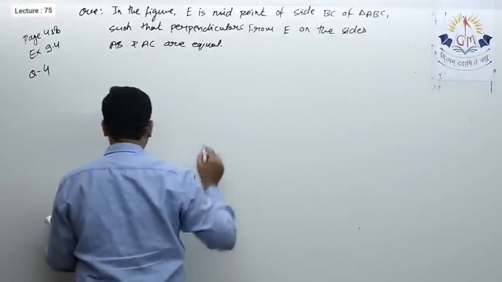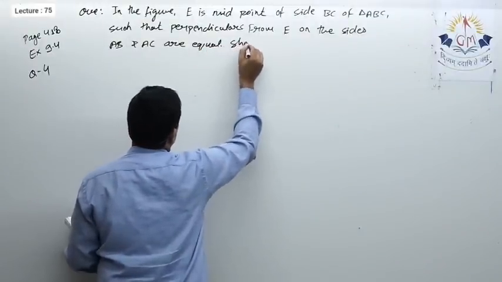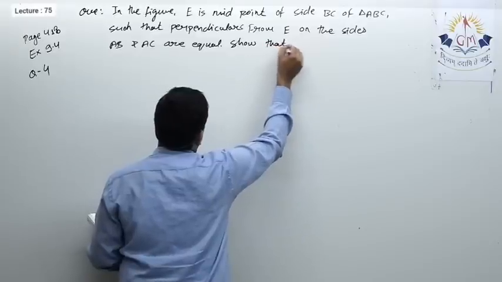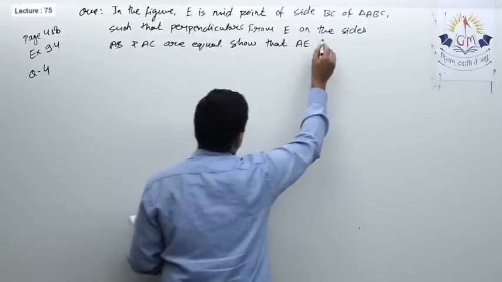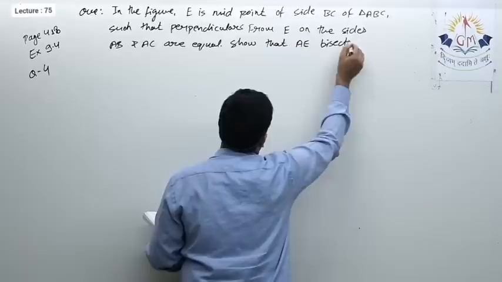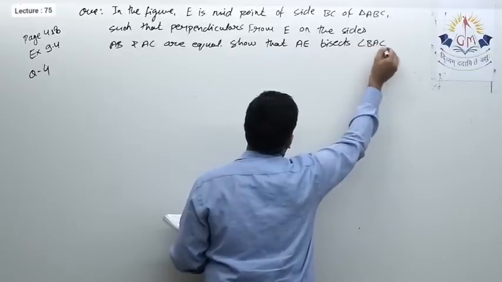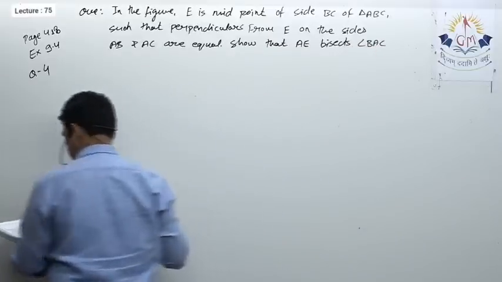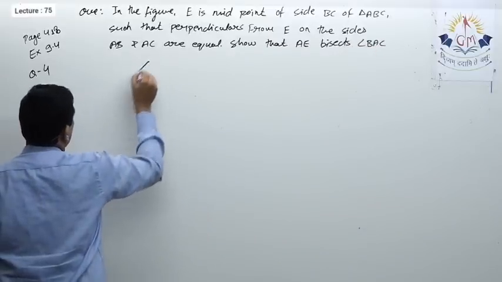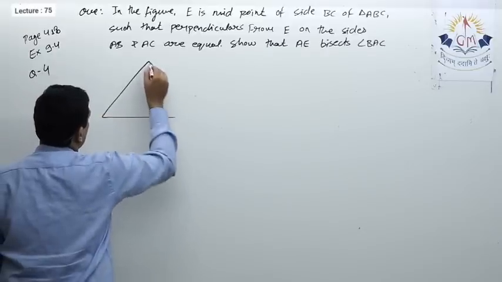Show that AE bisects angle BAC. There is a diagram given in the question itself.